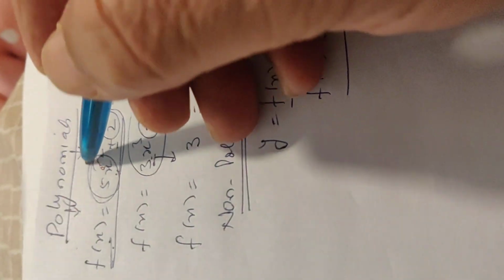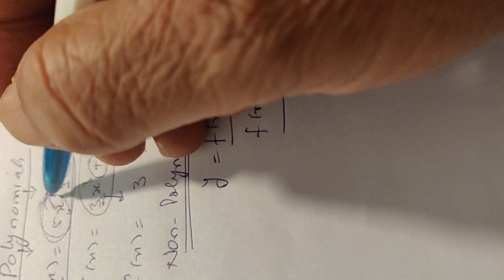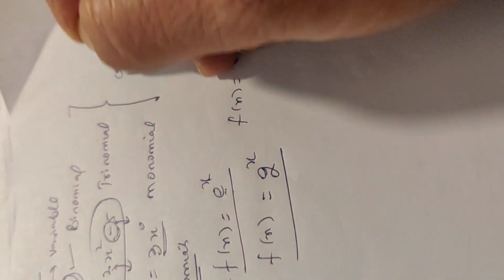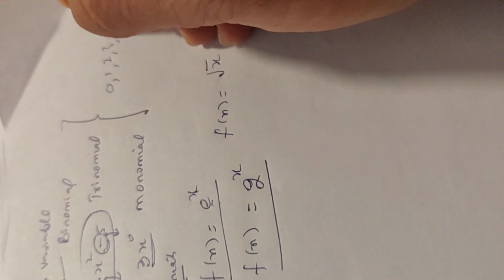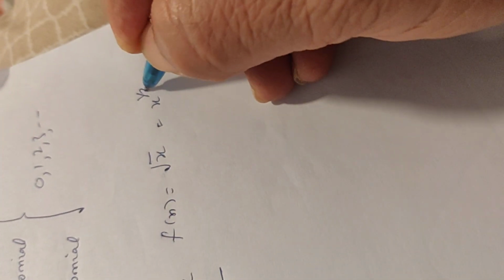Now in a polynomial the exponent has to be a whole number. Whole numbers are 0, 1, 2, 3 and so on. So if it is x raised to power 1 by 2 or x under root, it is not a polynomial.